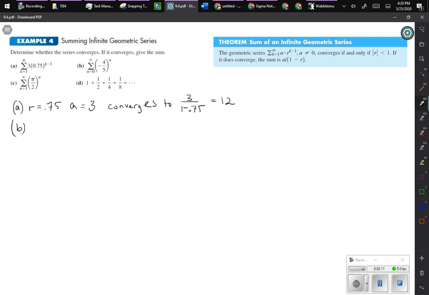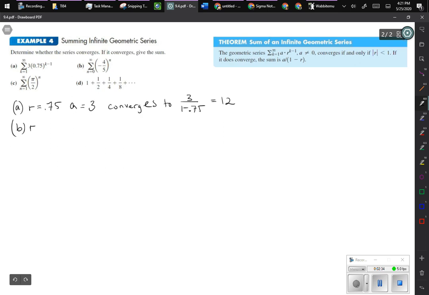Part B, notice that I have the definition written a little bit differently because it starts with n equals 0. Regardless, if I plug in that 0, it gives me my first term. And that means my first term is actually 1. So I'm not going to rewrite it, but I'm going to write down some of the stuff.